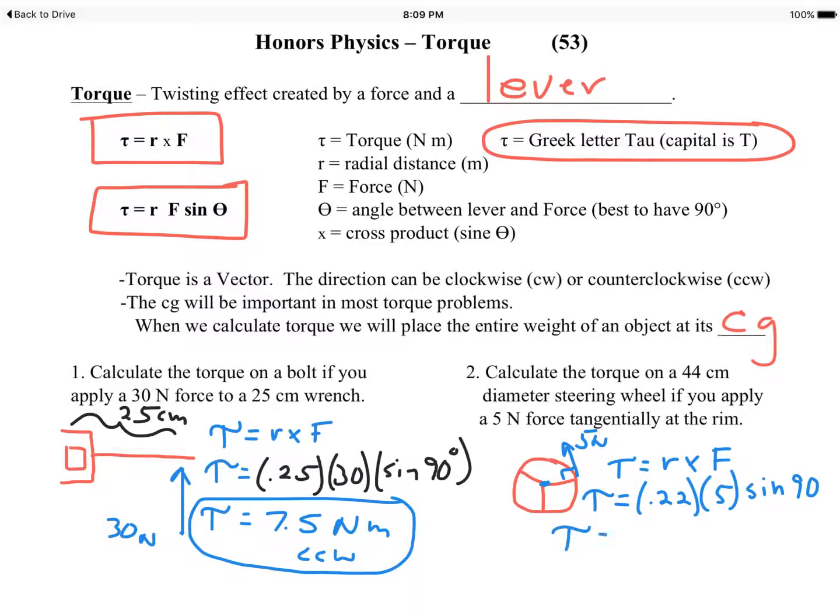But doing the calculation here, 5 times 0.22 gives you 1.1 or 1.10 Newton meters. And this way, once again, it's counterclockwise, CCW. So you're turning to the left if it's your car.